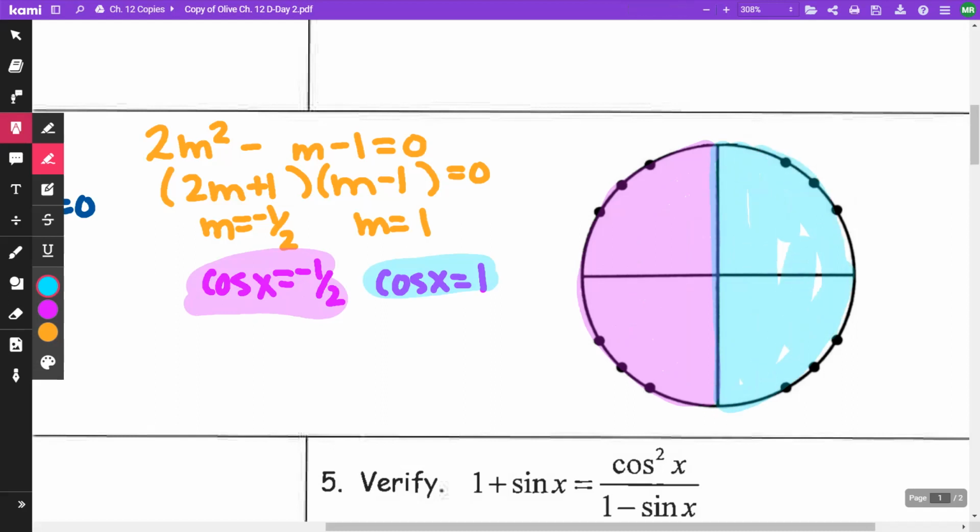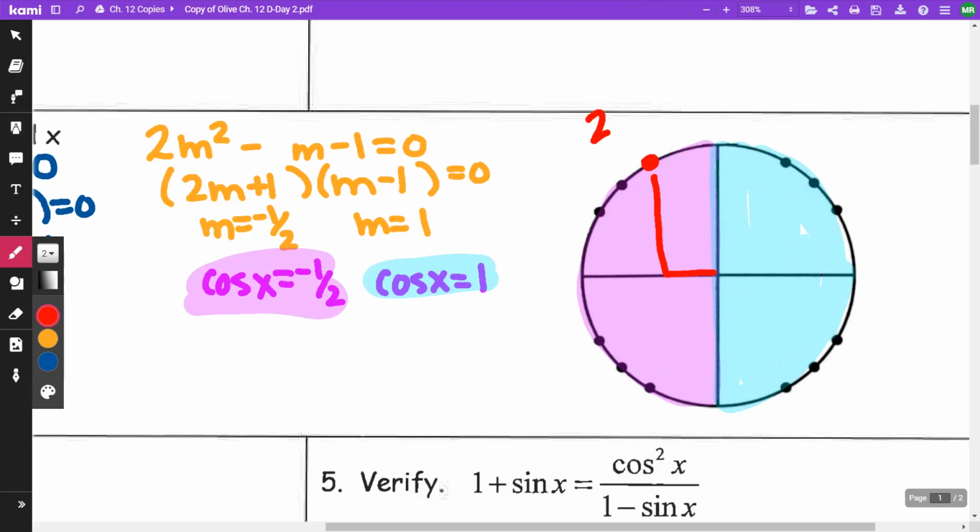So that's where I'm going to be looking for the second one. So for the cosine x is equal to a negative 1/2, I am looking for my x to be short. So short, long. This is where I am. And that is a thirds. This is a 2 pi thirds. Now it's also going to be down here, which again is still a thirds. This is 4 pi thirds.